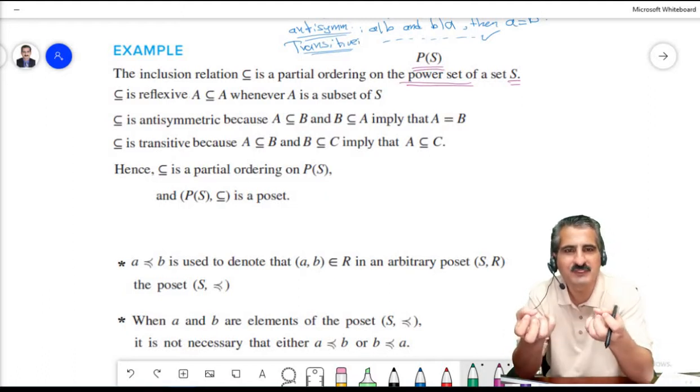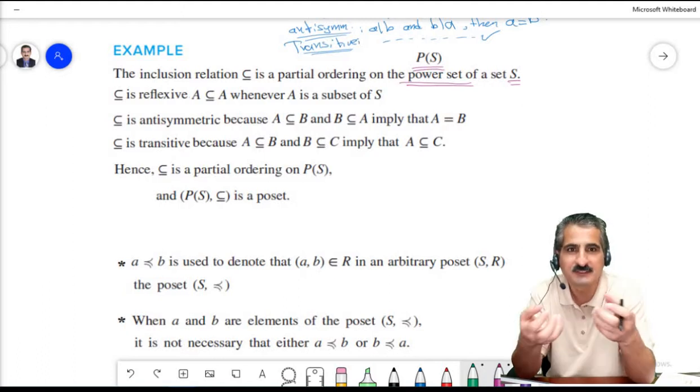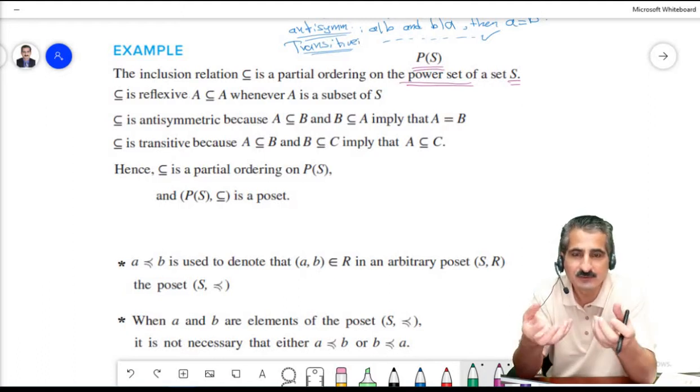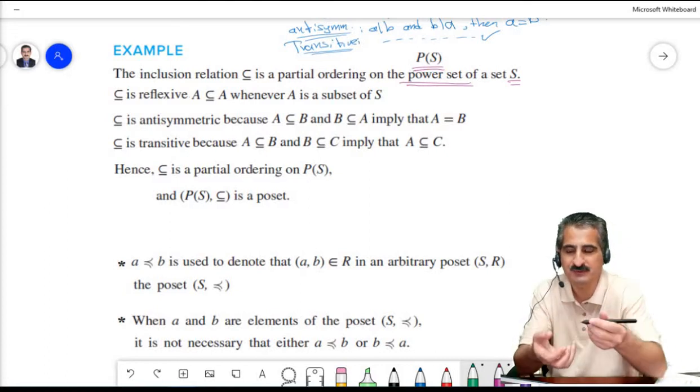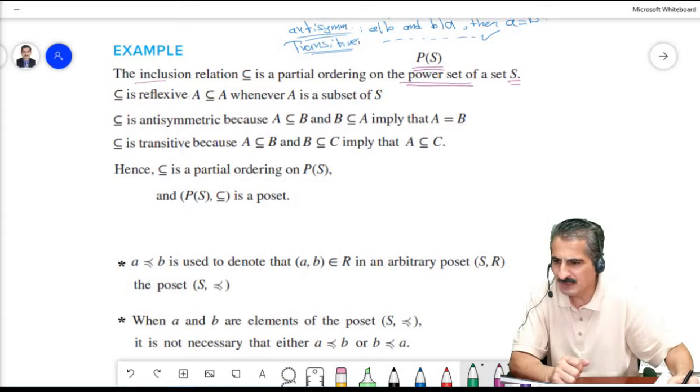One of them might be contained in the other, and it might not. So if you take any pair of elements of the power set, you might find one of them is contained in the other, and it might not be. So this is partial ordering. So the inclusion relation is partial ordering.